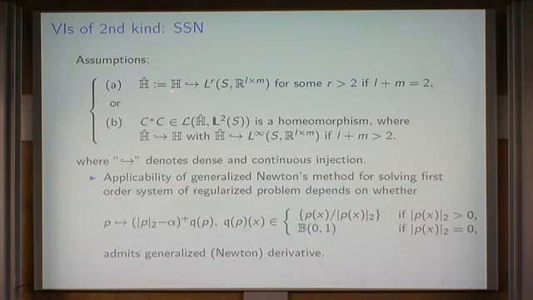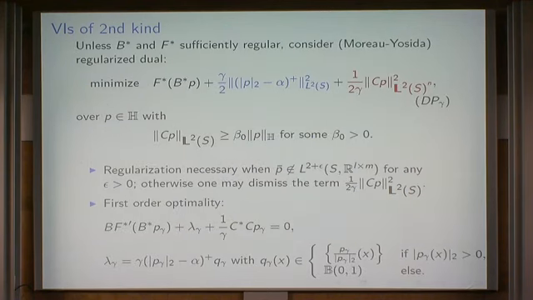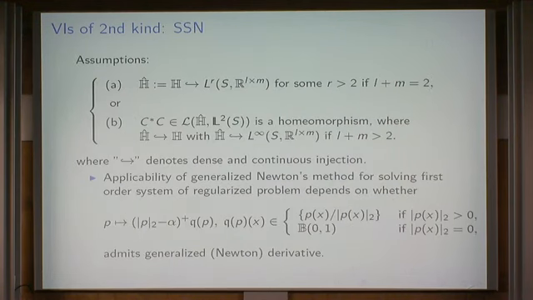So remember H, I'll just go quickly back. H was the space which I introduced here in connection with this operator C, and a particular example could be if it fits to Dirichlet energy with H being H01. Then we have the following assumption, one of the two cases. Either we have that H hat equals H, which is embedded into L^r for r larger than 2 in a certain setup.